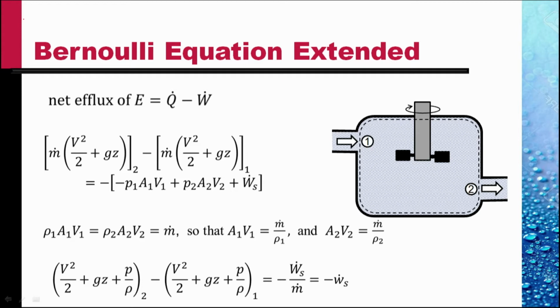Lowercase w S dot is the rate of doing shaft work by the system per unit mass of fluid throughput.